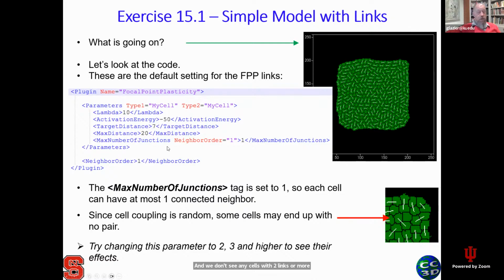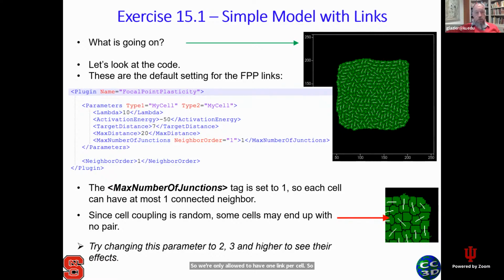And that's because now, if we switch to Twedit and open up the XML, we'll see that the default settings were lambda of 10, activation energy of -50, target distance of 7, maximum distance of 20, maximum number of junctions 1. So we're only allowed to have 1 link per cell.